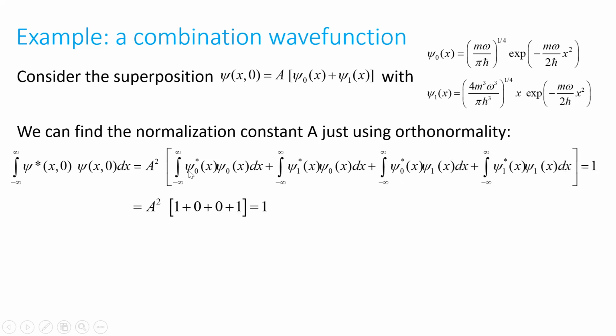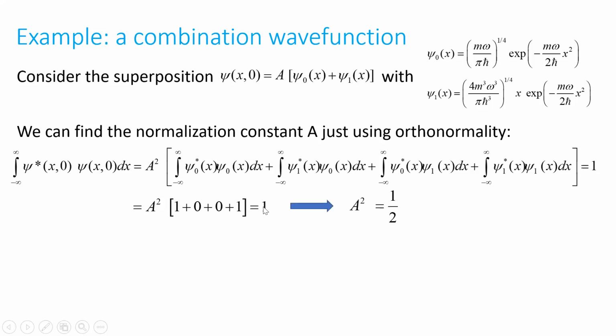So we just get a squared times 1 plus 0 plus 0 plus 1 is equal to 1. Notice we didn't even have to use the specific wave functions or plug in these big expressions. We just used the fact that they were either normalized or orthogonal to get the values 1 and 0.